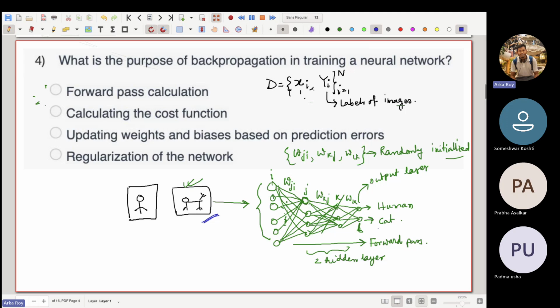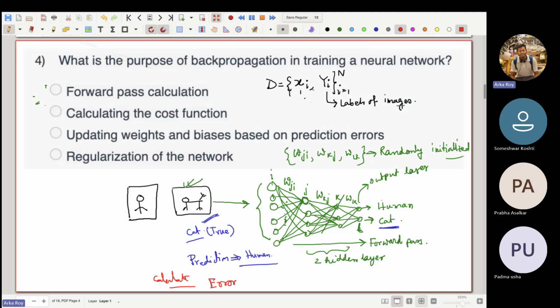You know the image should be predicted as cat, because the ground truth label is cat. This is the true label, but the neural network prediction, let's say, is human. That means you have made some error, so you have to calculate the error.